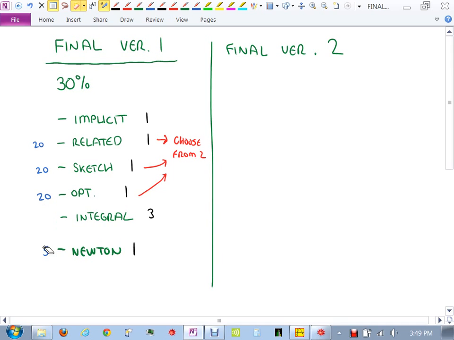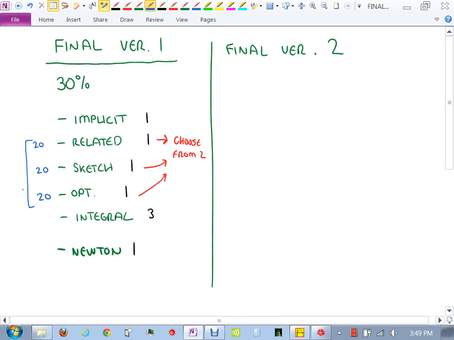I don't know. I mean, you're asking me a lot of detail here. 60% of the test is right there. That's what I'll say. How the other part's going to break up, I'm not sure yet. But when I say implicit, you should be prepared to come in here and find the equation of a tangent line.